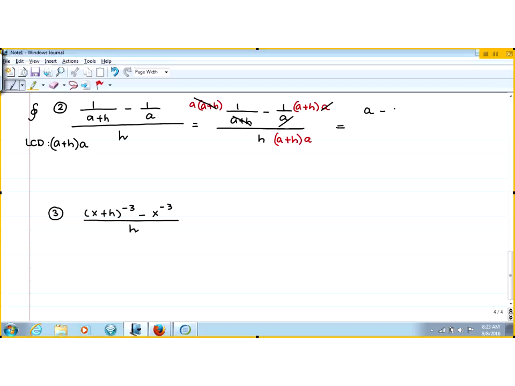A. So I'm left with, but I have a negative here, so negative of a plus h. Now, what do I have on the bottom? We should just leave it in factored form: h times a times a plus h. We're not multiplying them out.